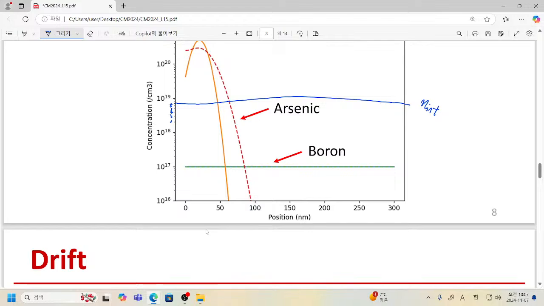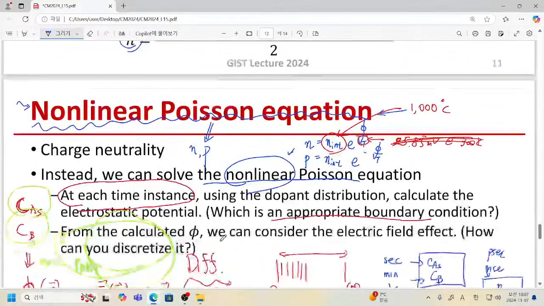So simply speaking, although we have a boron density here, that doesn't introduce much in our system. So now only the N plus doped region and the intrinsic region matter, and here we will have a certain electric field between them. So you will have a certain change in your final distribution.